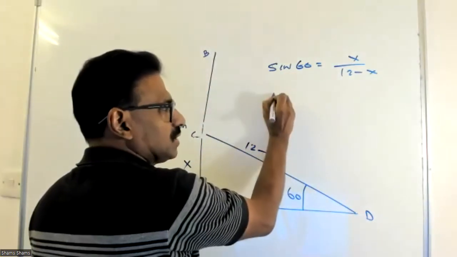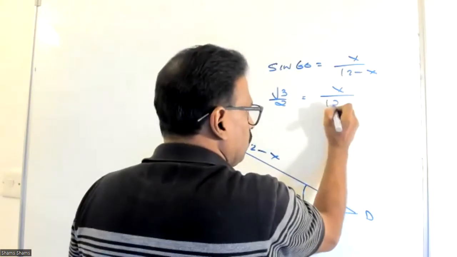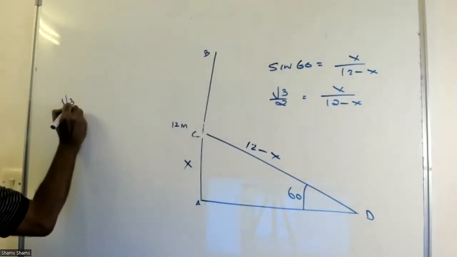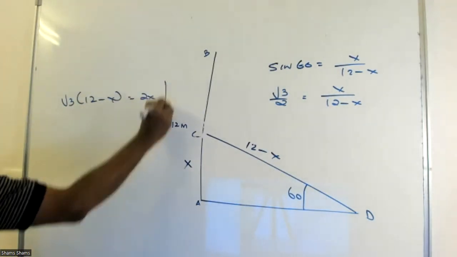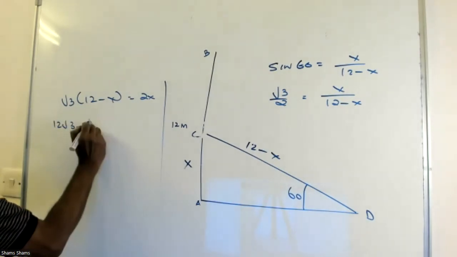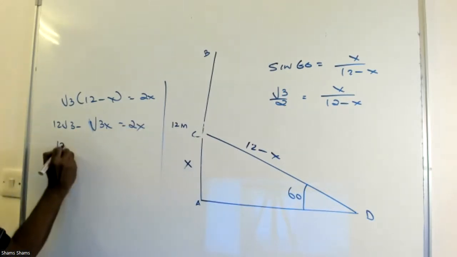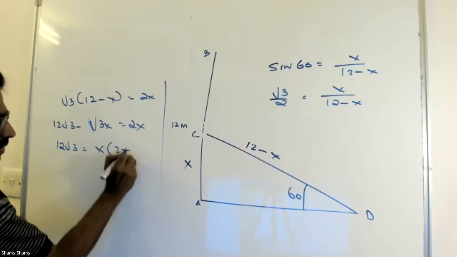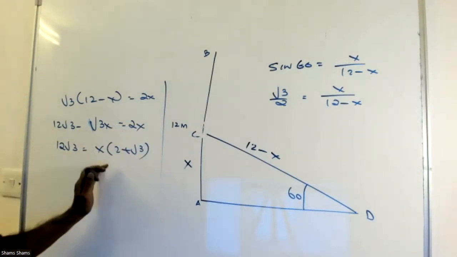So sine 60 is root 3 by 2, equal to x by 12 minus x. Here, root 3 into 12 minus x equal to 2x. So 12 root 3 minus root 3 x equal to 2x. 12 root 3 equal to x into 2 plus root 3.